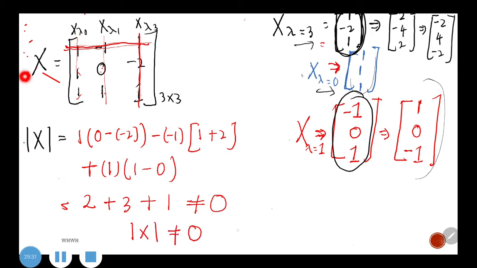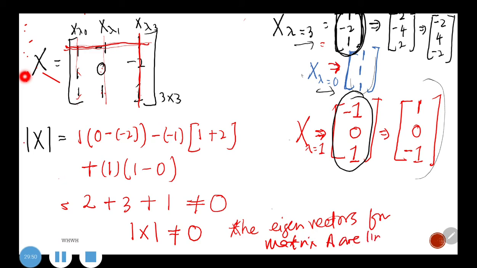So meaning that, okay, the eigenvectors for matrix A are linearly, okay, linearly, tak cukup tempat, independent.